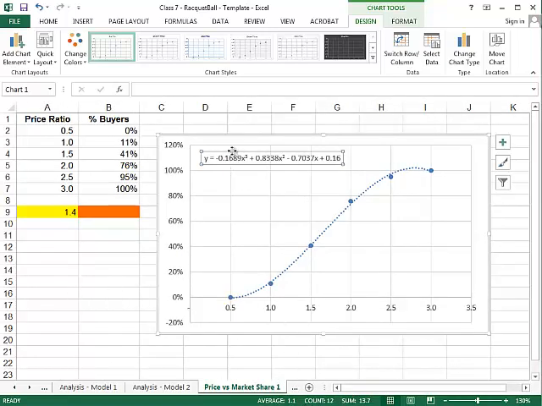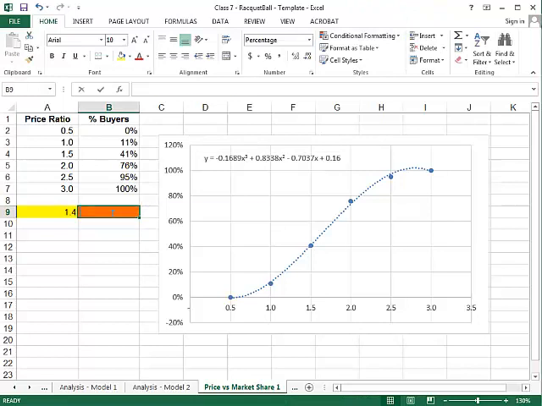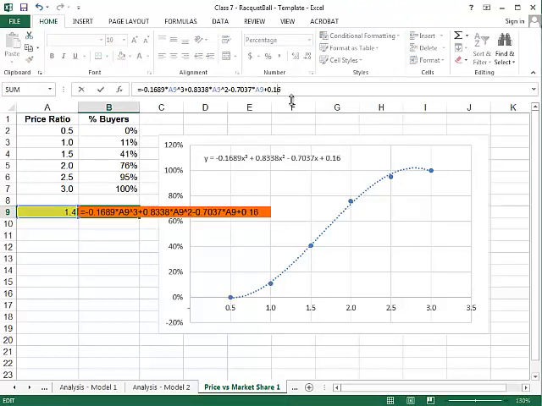So now I have a formula that tells me what my market share is going to be, more or less, if I know what my price ratio is. So what I will do is get this formula and type it in B9 here. I have my formula.